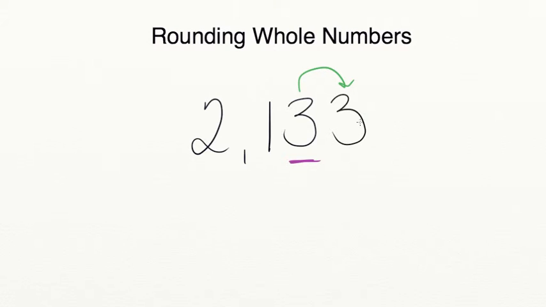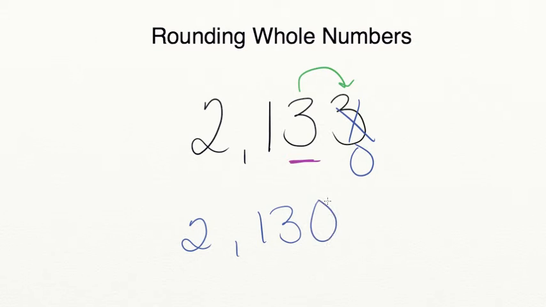If this number is 5 or greater, then we would round this 3 up to a 4. But since this number is less than 5, all we have to do is cross this out and replace it with a 0, and we're going to keep our 3 the same. So 2,133 rounded to the nearest tens place is 2,130. I think you've got it.